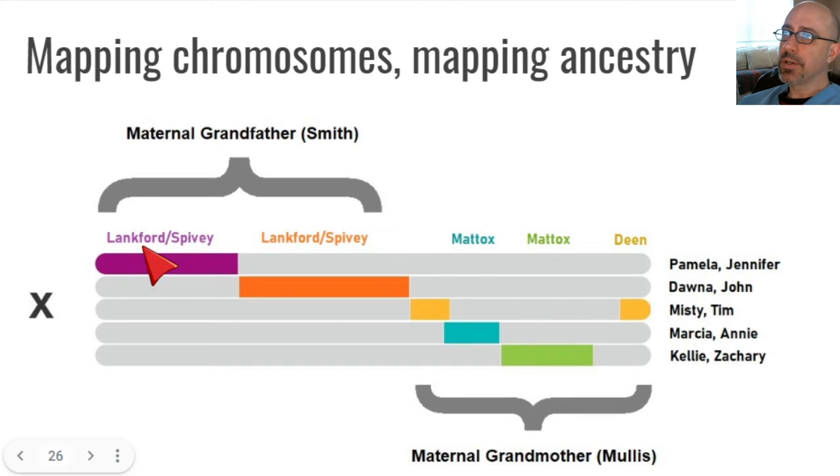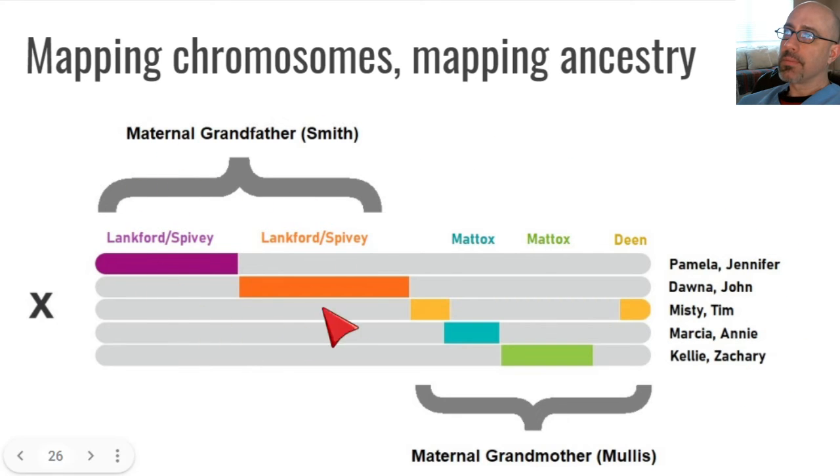So you can see here, I've got some Langford Spivey segments from my maternal grandfather. I've got some Maddox segments from my maternal grandmother, and some Dean segments from my maternal grandmother. These are the matches whose ancestry helped me to identify the ancestral source of these sections of the chromosome.